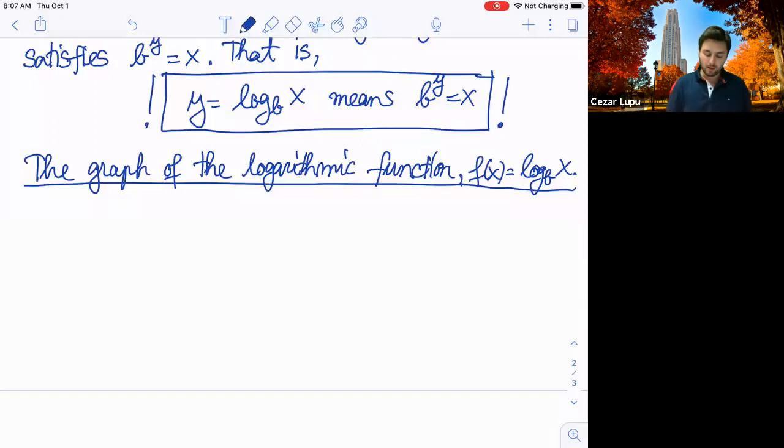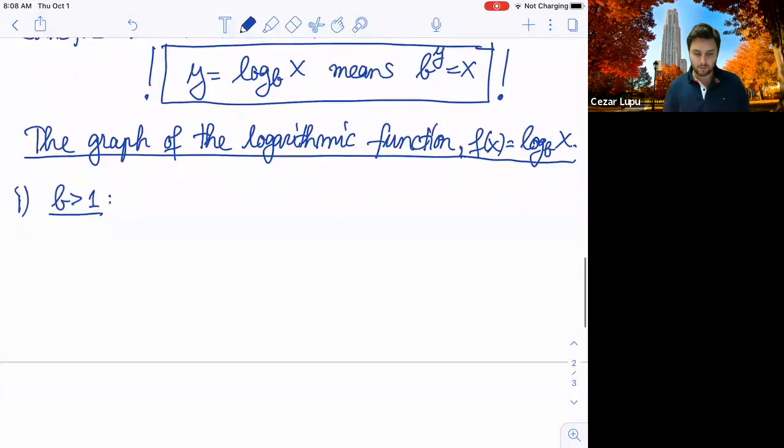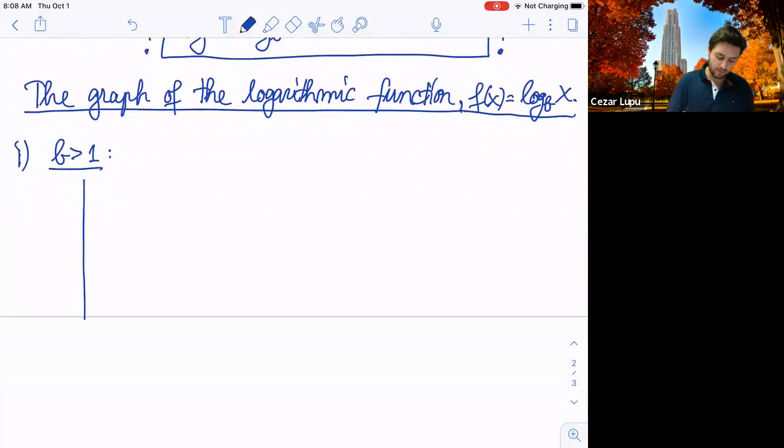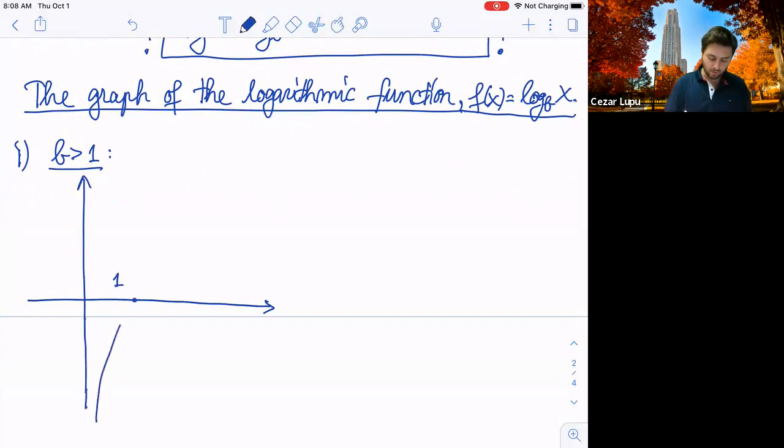Now the first case will be for b greater than 1. Let's draw the graph. So the graph will be something like this. So this is where it's 1. And it will be something like this. Then it keeps going.